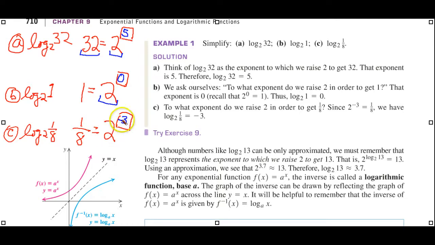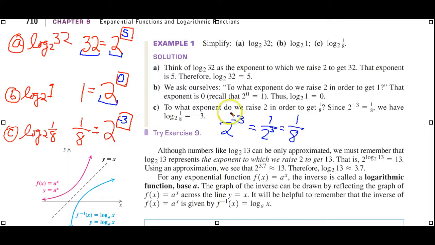Because 2 to the -3, remember, it just takes this, 2 to the -3 becomes 1 over 2 to the 3rd, which becomes 1 over 8.